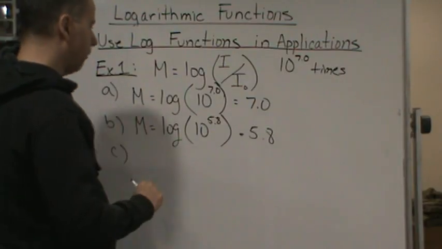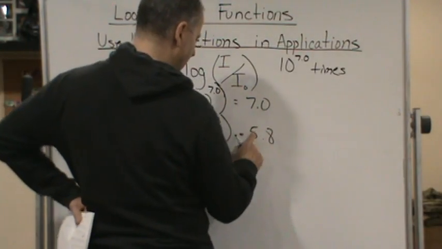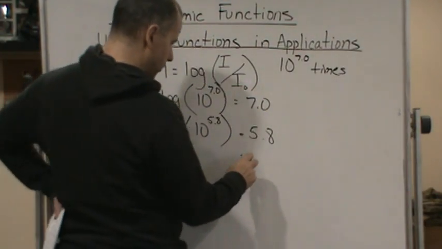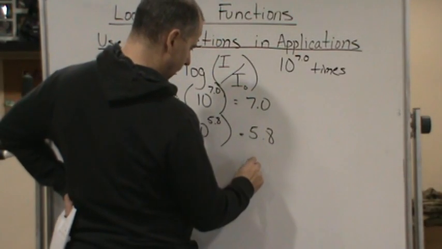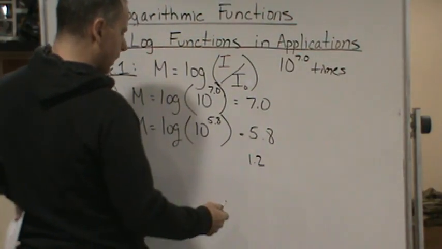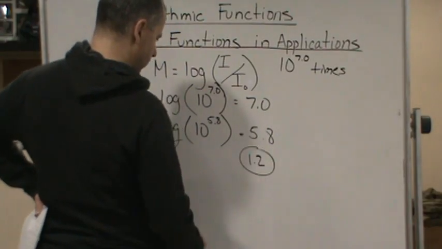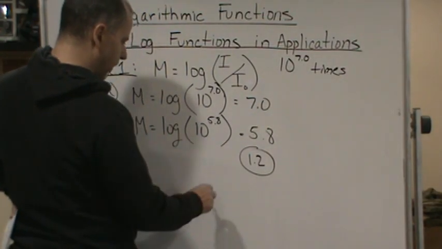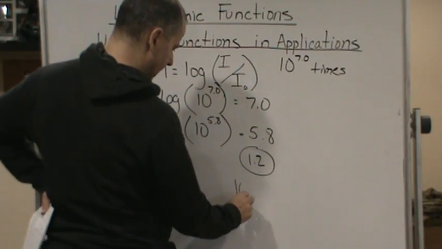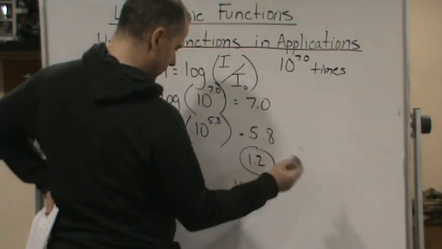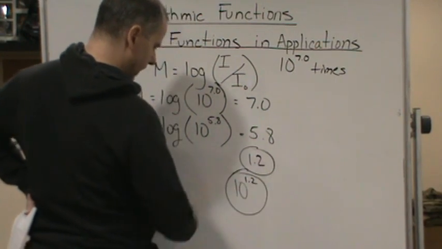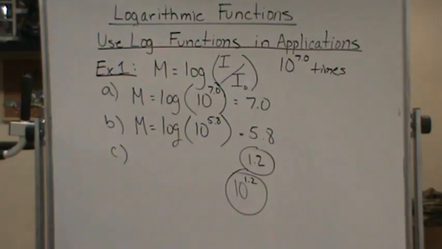But we could still subtract the two numbers and see how far apart the two magnitudes are. If we subtract these two, we get 1.2. Then if we realize that this is just an exponent, because that's all we had here, we would say that if this is the difference in magnitude, then how many times more intense one is than the other would be this. And we get the same number.